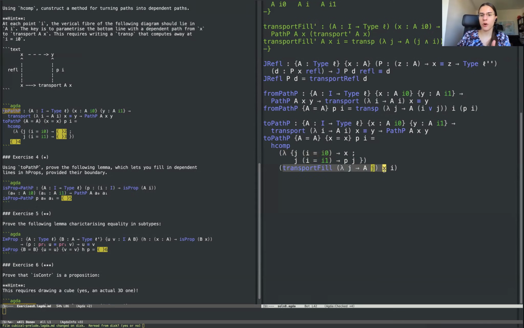And this transport fill operation, if I put I naught here, it's going to just definitionally be X, right? So at I naught, this all lives in the fiber A of I naught. At I, that's not I or I naughts, well, this boundary data is not relevant and this lives in A of I. So the HComp expression as a whole is also going to live in A of I. And at I1, this expression is relevant. And again, this entire expression when I is I1 lives in A of, so I guess I can make this into a whole.